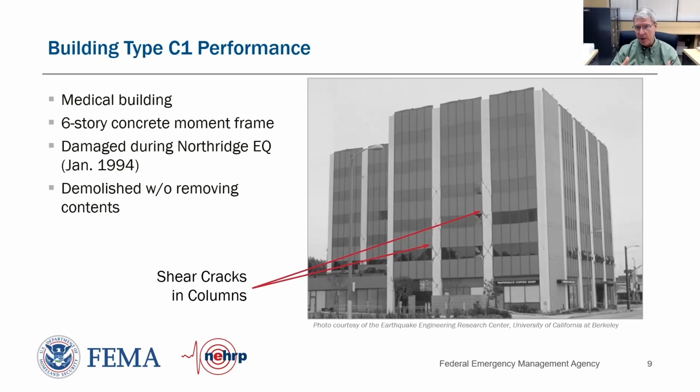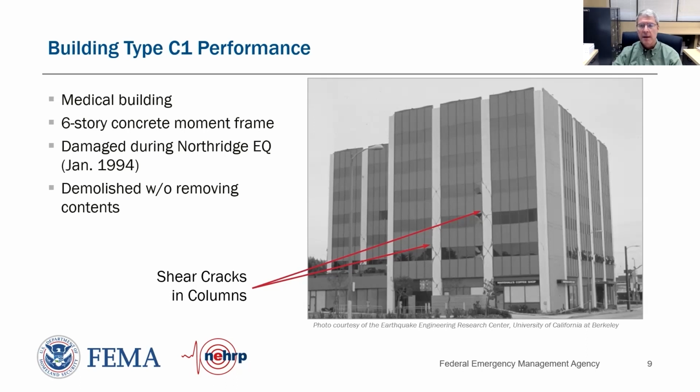And so it developed shear cracking in the columns right where the windows were. My understanding is this building was so severely cracked in the columns, again, they're supporting gravity loads in the rest of the structure, that the city of LA did not allow anybody to go in and collect their personal belongings or business materials and contents and then evacuate the building.